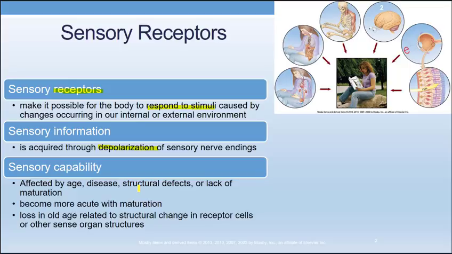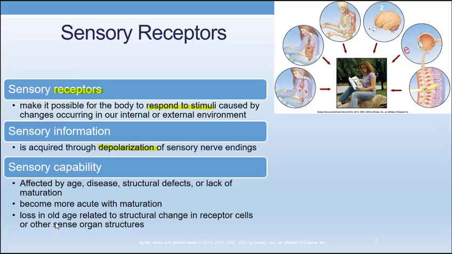Sensory capability differs with age. If you think about a newborn baby, their sensory capabilities are going to be very different than a child or an adult. It's also going to differ based on the presence of certain diseases, structural defects, or lack of maturation. But as sensory receptors become more mature, they become more acute and more capable.